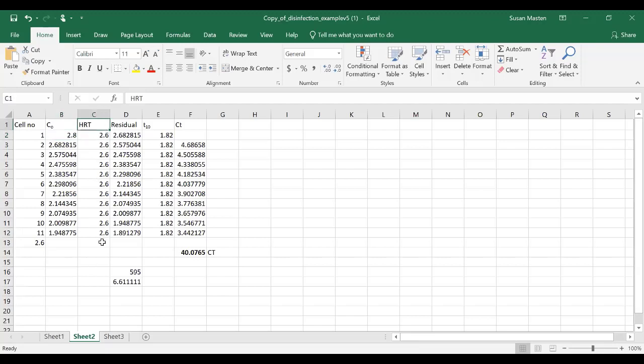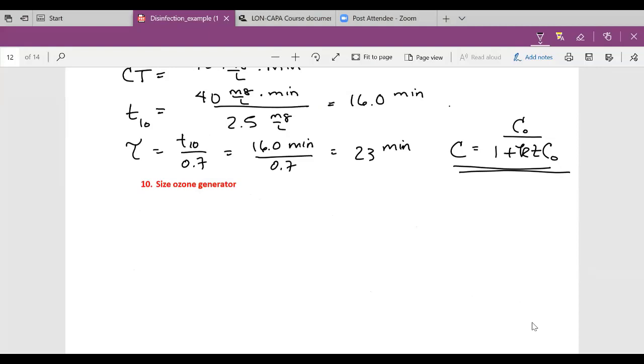And now the total detention time in the reactor would be 28.6 minutes. So I've just summed, or multiplied, the 11 times the 2.6 for each. So let's switch back. We'll use the 2.9 milligrams per liter.